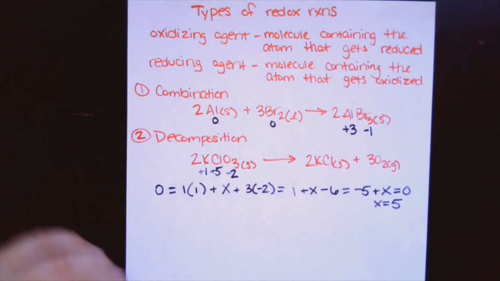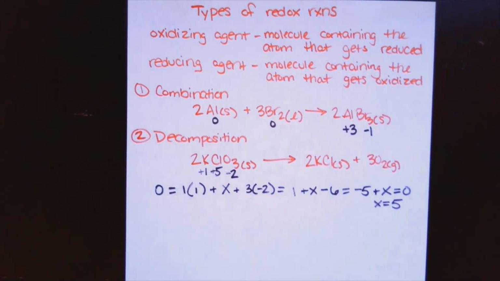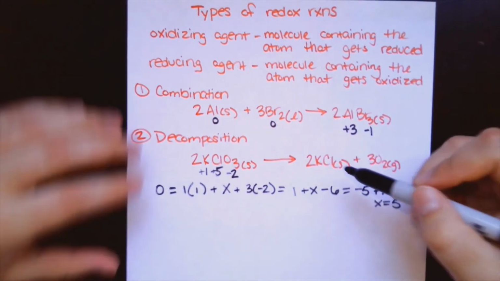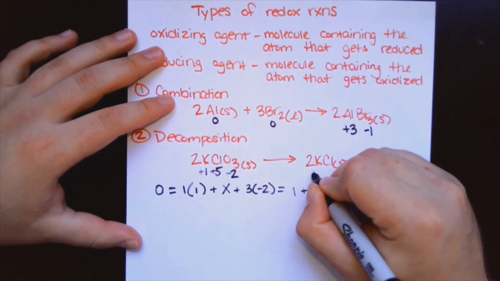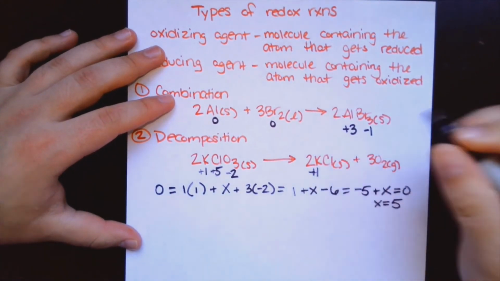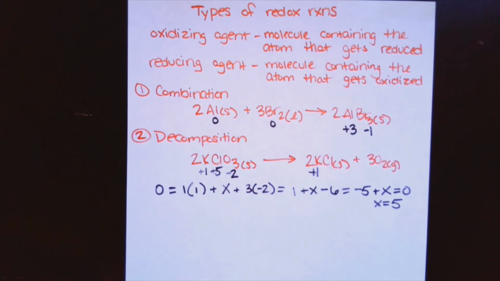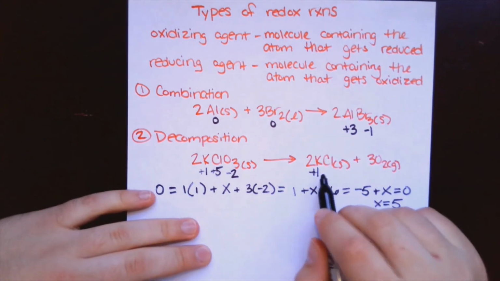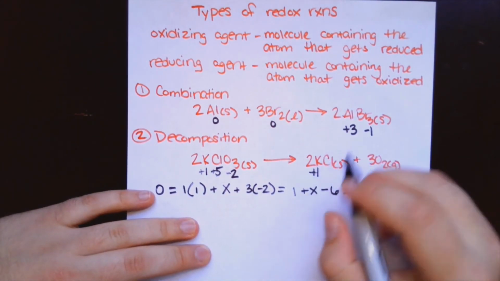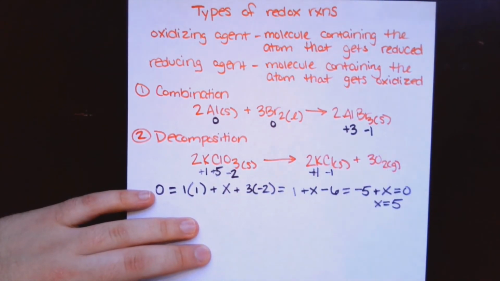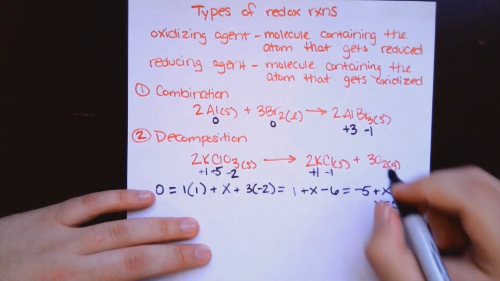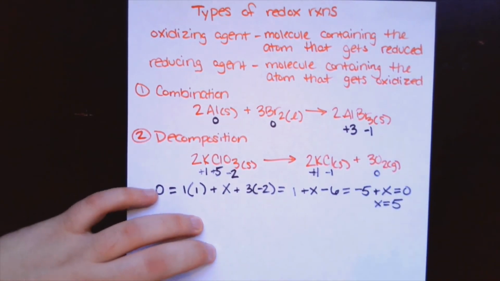Alright? So if you get down to one last one, you can always set up a mathematical equation like that to help you figure it out. On the product side, again, potassium is still going to be +1 because it's in a molecule. Alright, so chlorine, to make this sum 0, has to be -1. And this is the elemental state for oxygen, so that's going to be 0.